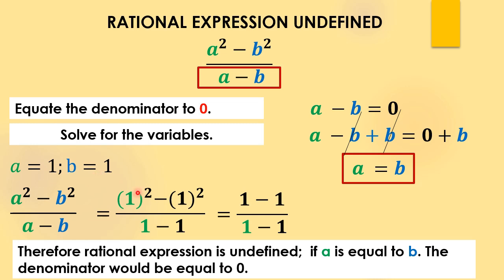If we substitute a and b by 1, this will make our entire expression undefined because 1 minus 1 in the denominator is 0. Therefore, the rational expression is undefined if a is equal to b. The denominator of our expression would be equal to 0. Alright?